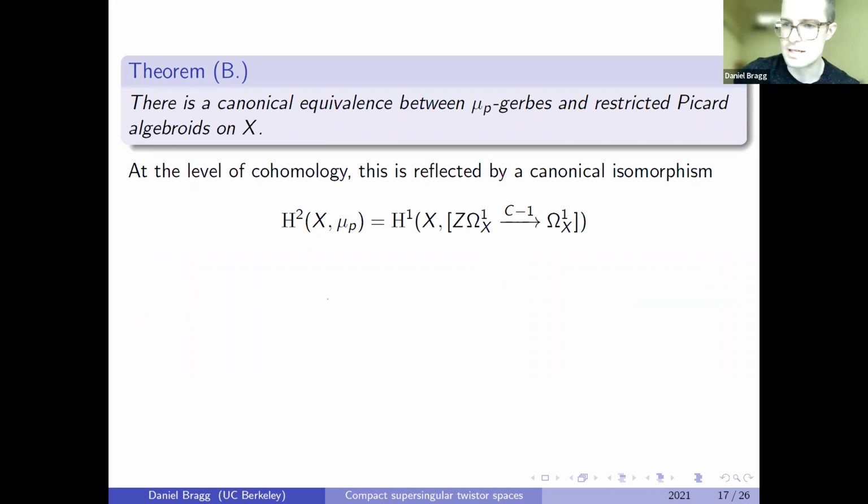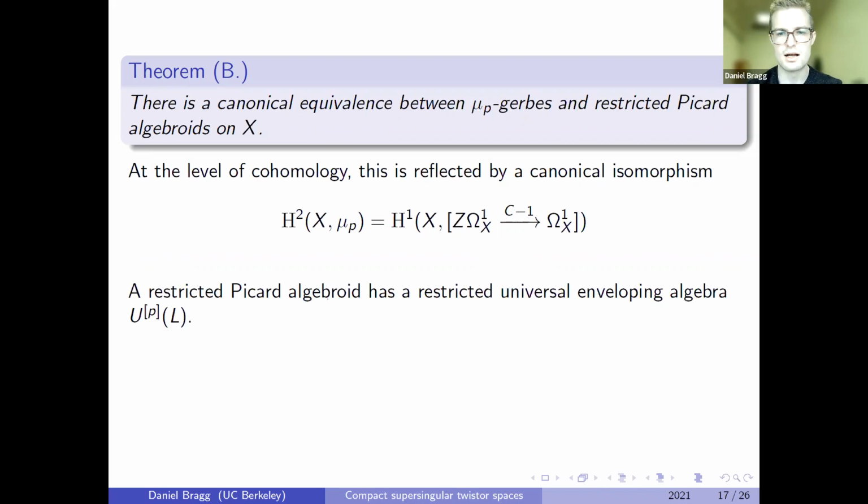Okay, what's the relevance to Cartier descent? I claim this was my more canonical way of saying this cocycle result I said before. From a restricted Picard algebroid, you can make some kind of restricted universal enveloping algebra construction. A restricted Picard algebroid is in particular a restricted Lie algebra, and you could take the universal enveloping algebra of that.